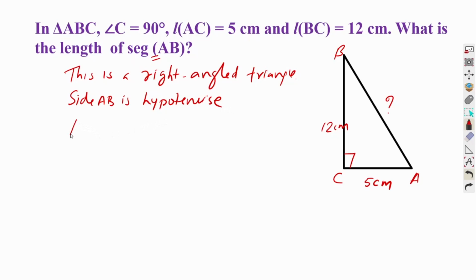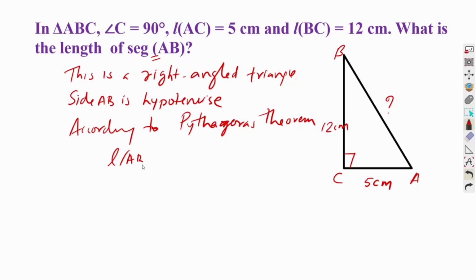We will say that according to Pythagoras theorem, that is what is supporting us. Length of AB whole square, which is to be calculated, is equal to length of AC whole square plus length of BC whole square.